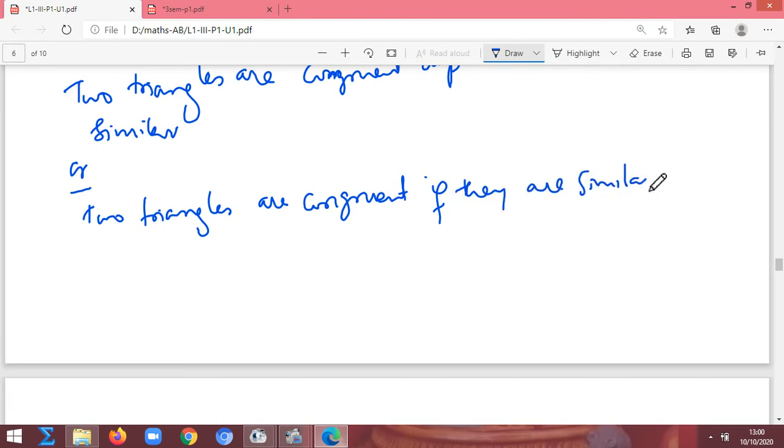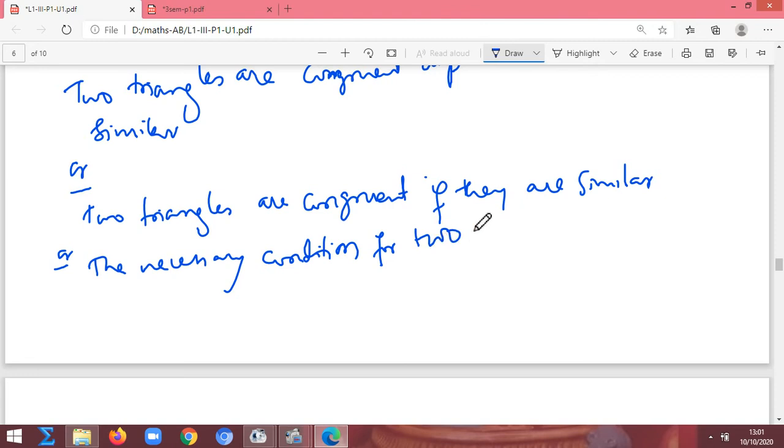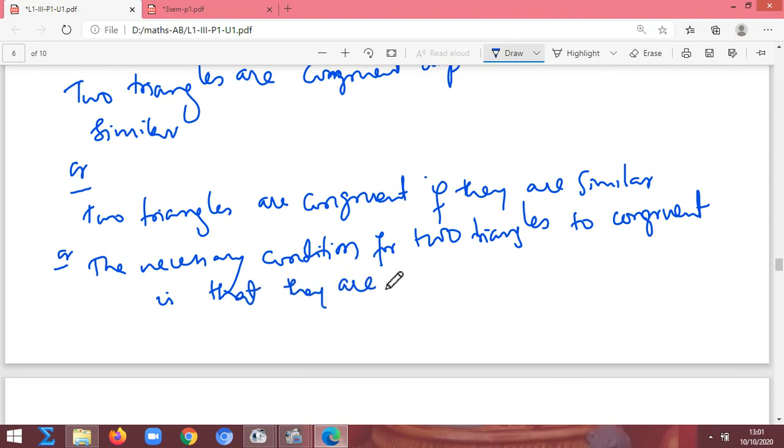Or: the necessary condition for two triangles to be congruent is that they are similar.